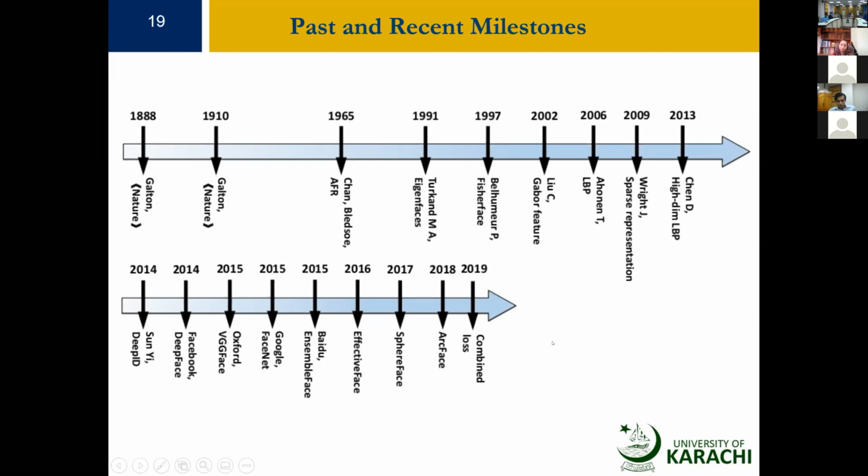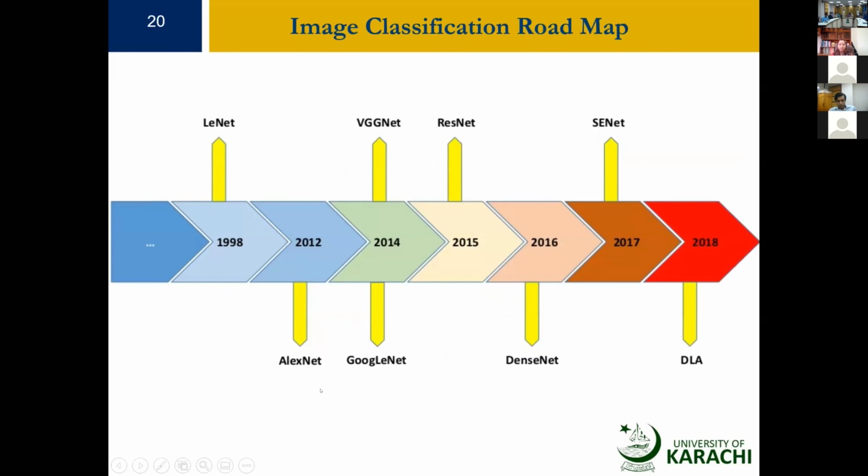explore biometric recognition. These are again some of the famous networks whose code is easily available on GitHub and all the research platforms: LeNet, AlexNet, GoogLeNet, ResNet, DenseNet.